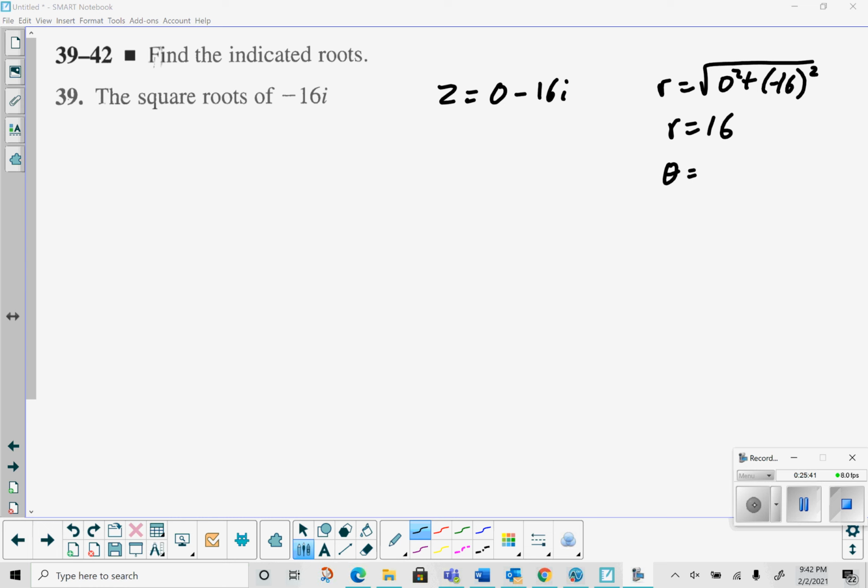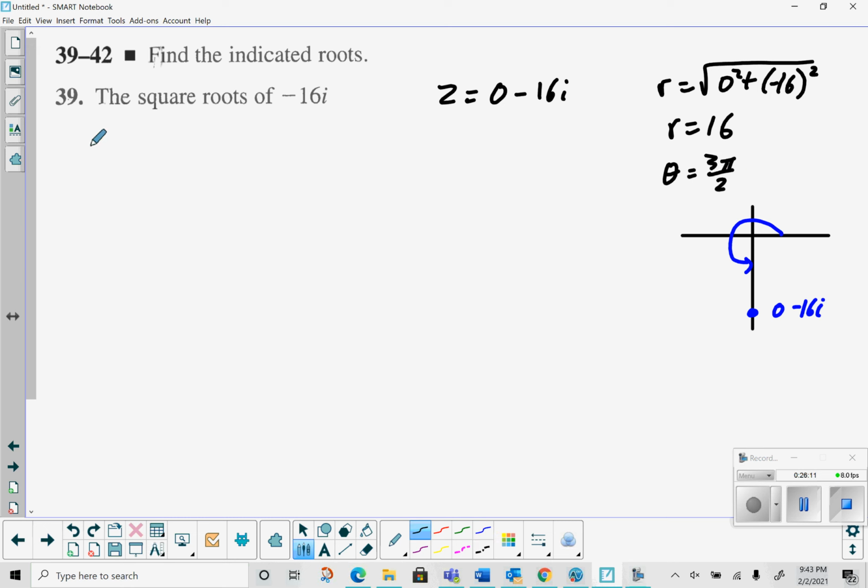Quick sketch. If we try and graph 0 minus 16i, well, again, our real component, don't move left or right. The imaginary component goes straight down. So this would be the location of 0 minus 16i, which then would give us an argument coming around here of 3 pi over 2.